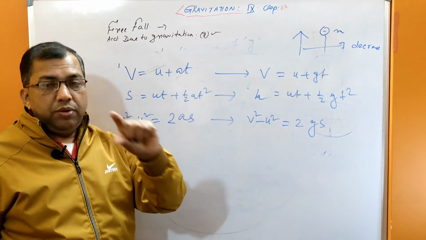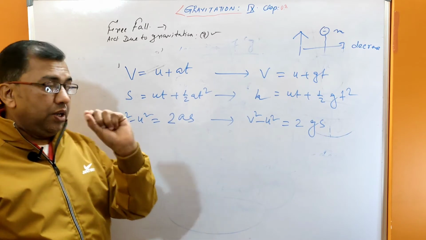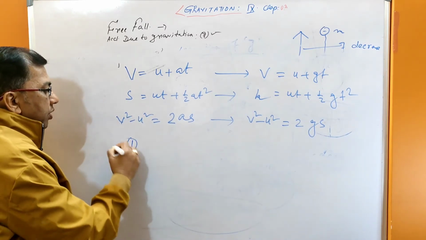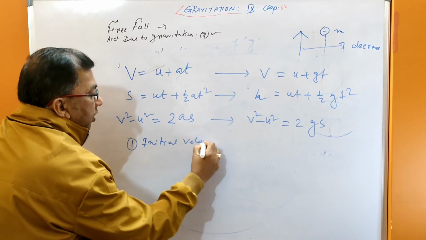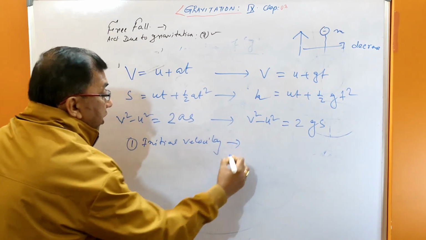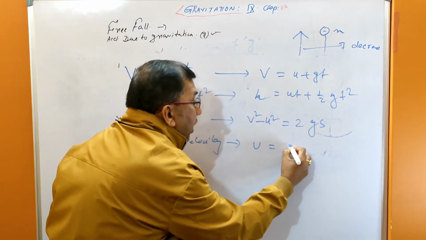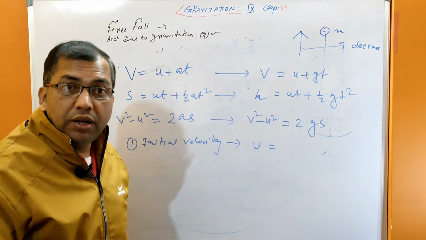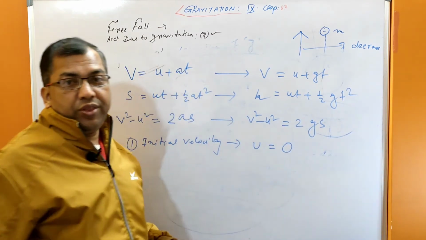And note, a very important thing for a free falling body, you must learn. For a free fall body, the initial velocity u, how much will it be? It is 0.